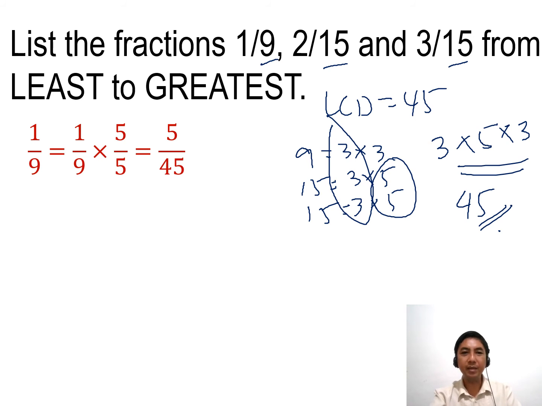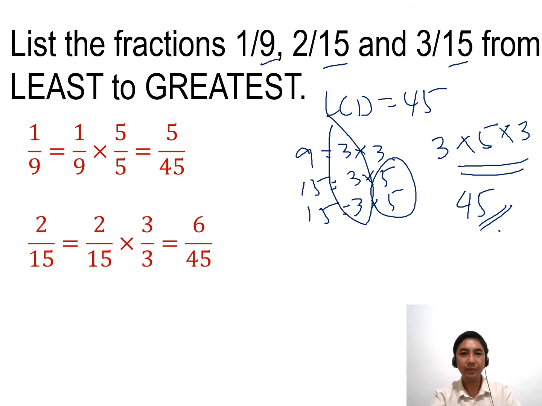Ngayon, ano ang gagawin mo sa 9 para maging 45? Mag-multiply ka ng 5 sa 9 para maging 45. Kung ano mo minultiply sa denominator, ganun din po sa numerator. So, 1 times 5 is 5. So, ganun din. 2 over 15. Multiply mo ang 2 over 15 by 3 because we want the denominator to be 45. So, 3 times 15 is 45. So, multiply mo rin sa taas ng 3.